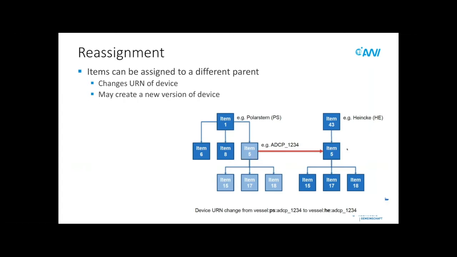You can reassign a device. With the reassignment, you change your device URN, and you create a new version of both devices. On the device tree, you create a version.